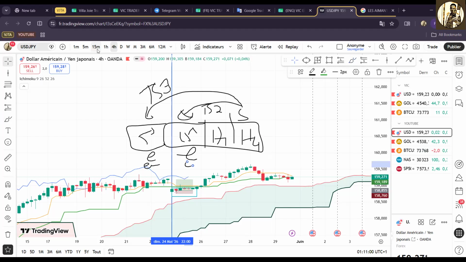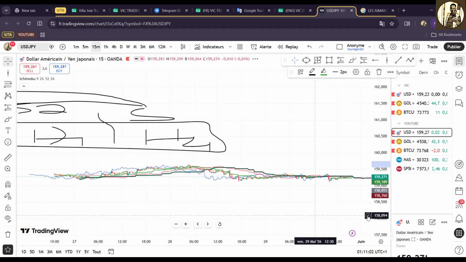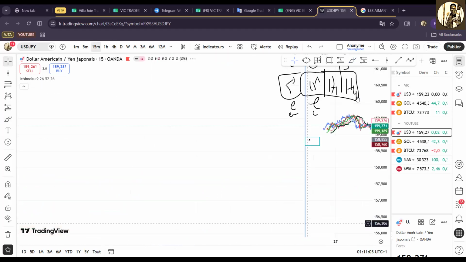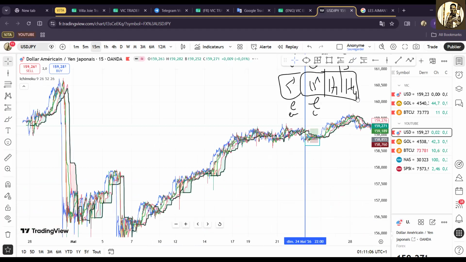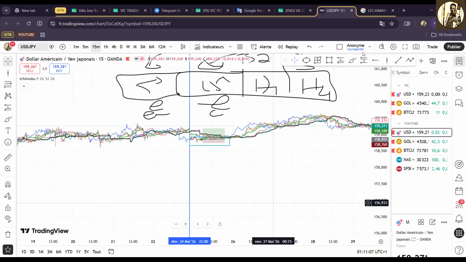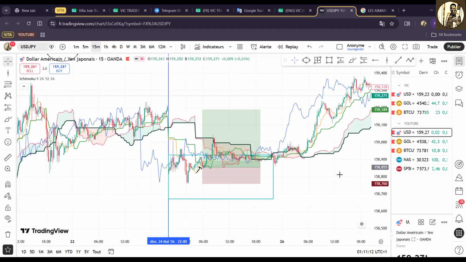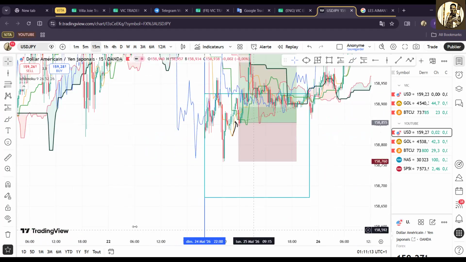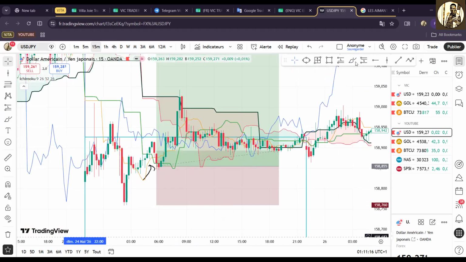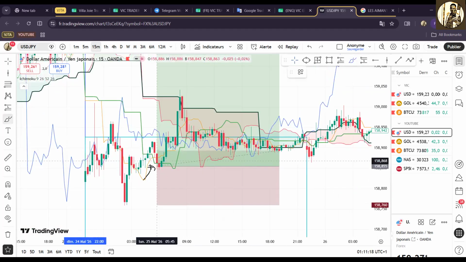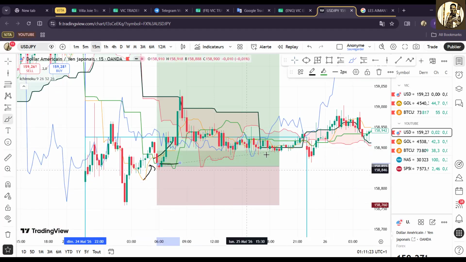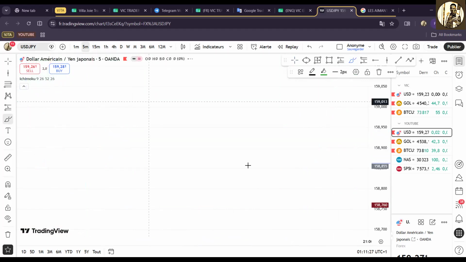So we can actually go and verify it. You will see that TS2 will not have too much noise for the entry. As soon as we created this Tenkan cross to the upside, you do not see too many Tenkan crosses again below the cloud.